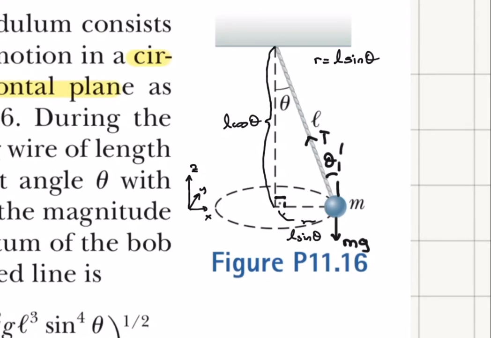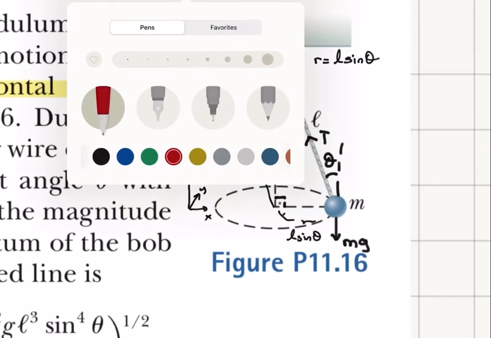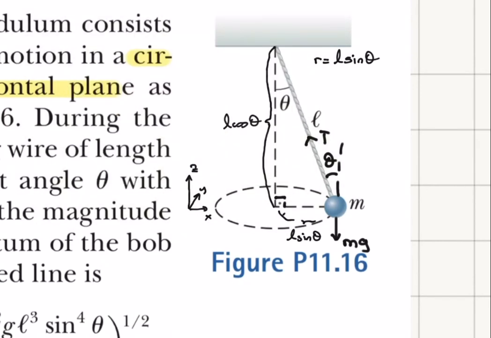All right, and I'm talking about the angular momentum. So for that, let me think about where the angular momentum will come from. Because I'm rotating on the xy plane, I have the position vector with respect to the pivot point, that is this r vector here.